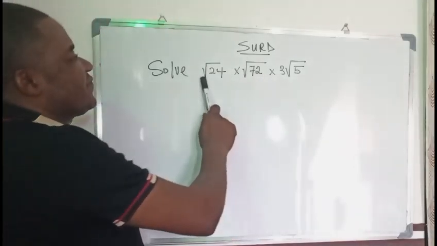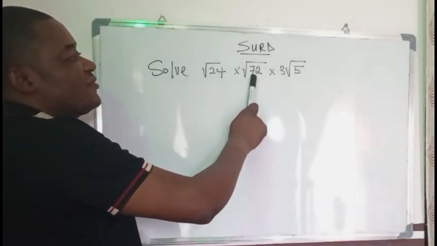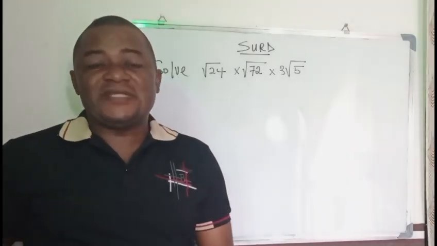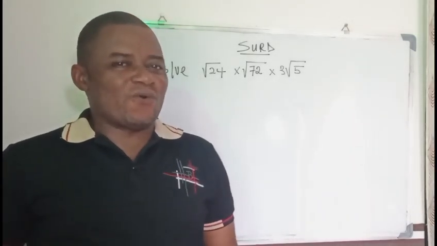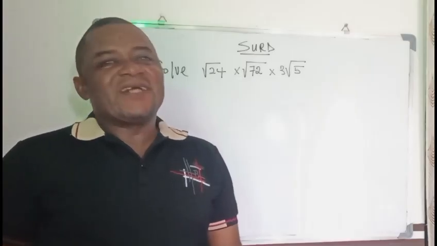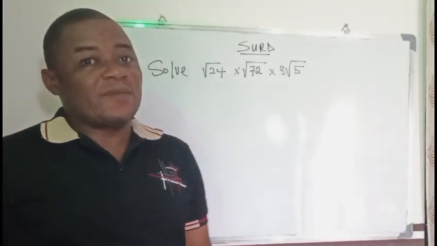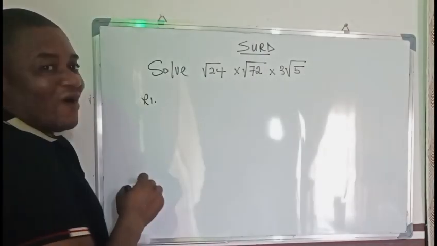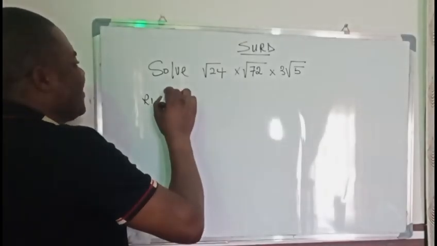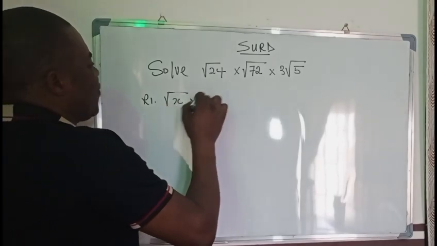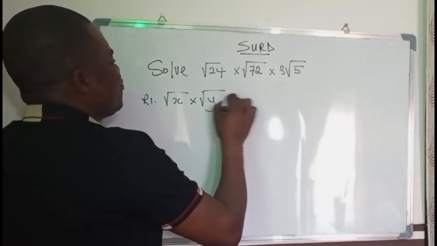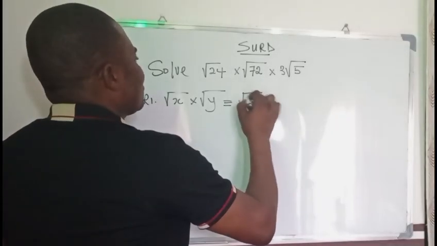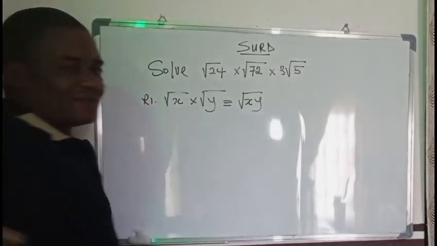Before we can solve √24 times √72 times 3√5, we need to appraise ourselves a little bit of some rules that govern surds. Now there is a rule that is more like a product rule. Rule 1 simply says that where you have a surd of x multiplied by a surd of y, you can join the surds together to have a surd of xy.